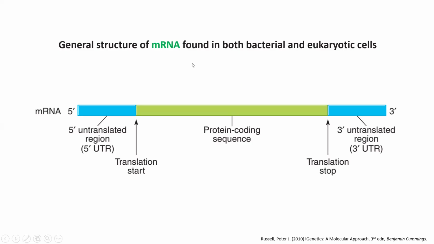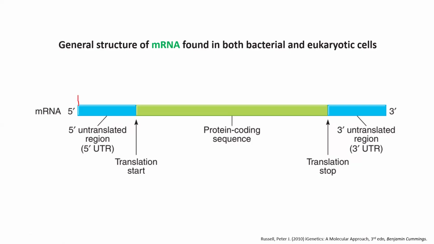This is the general structure of mRNA found in both bacterial and eukaryotic cells. Yes, there are some similarities in the mRNA of bacteria, that is prokaryotes, and eukaryotes. And there is a misconception many a times that the initiation codon is right in the beginning of the mRNA.